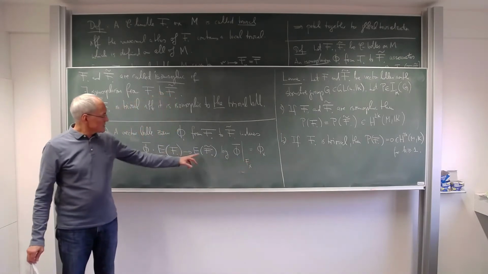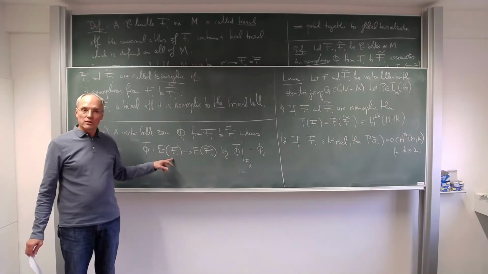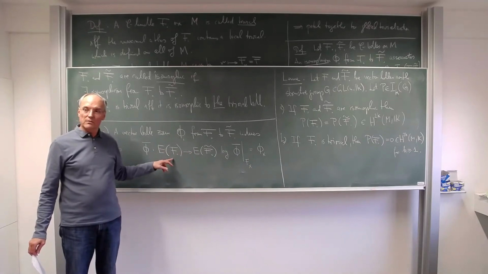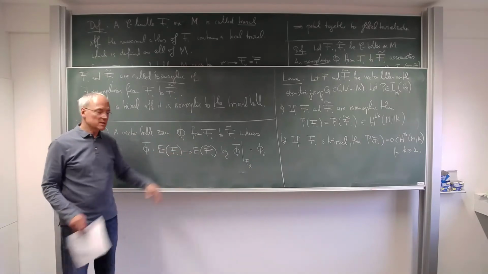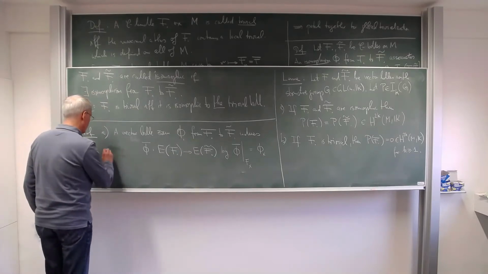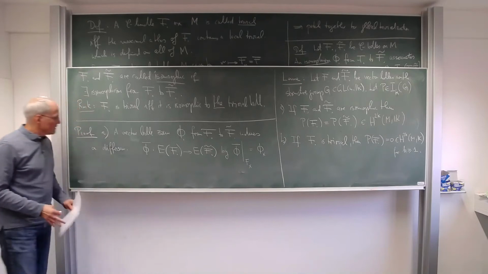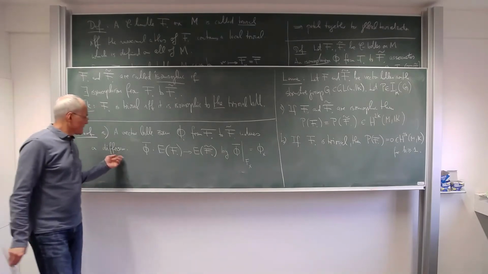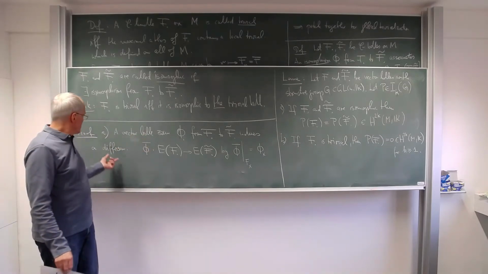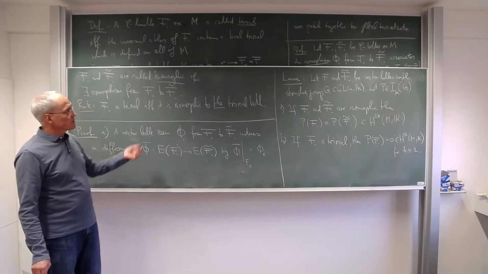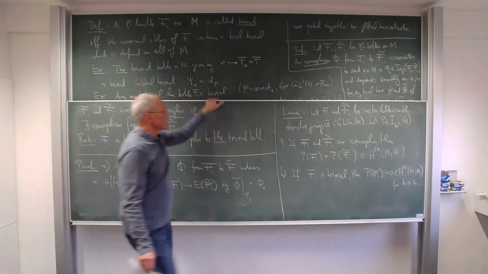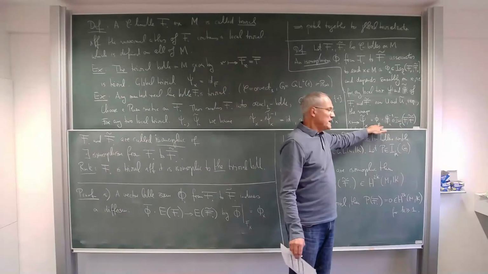And these total spaces have already been turned into manifolds, so it makes sense to talk about smoothness between these two things. And in fact, what we get is a diffeomorphism. Because it's bijective, that's obvious. But it's also smooth, and this follows from the smoothness assumption that I have made here.